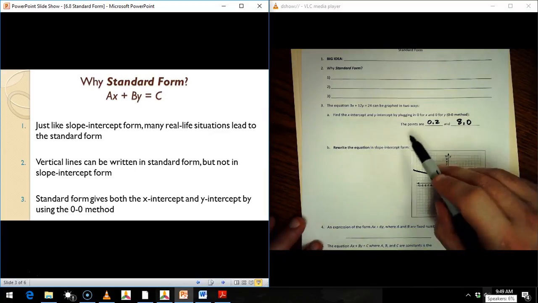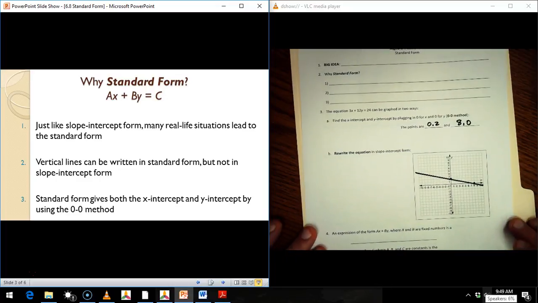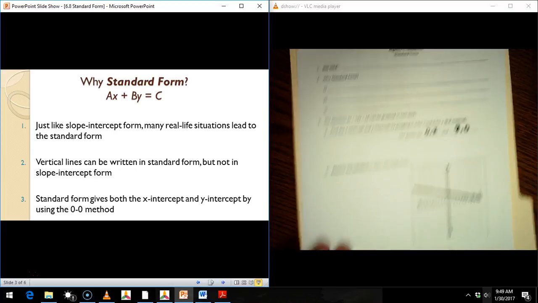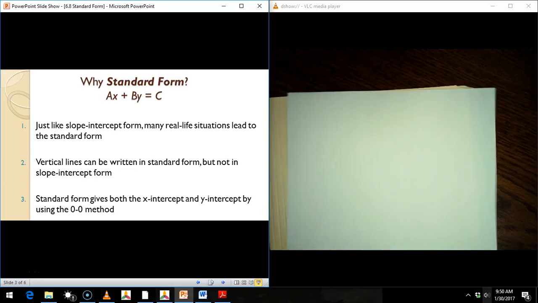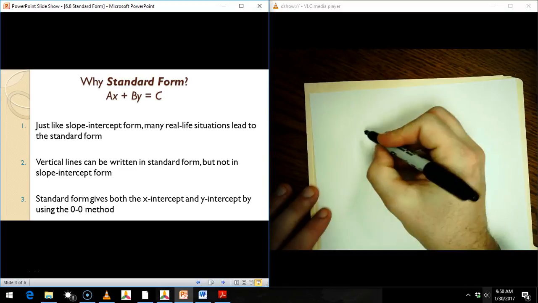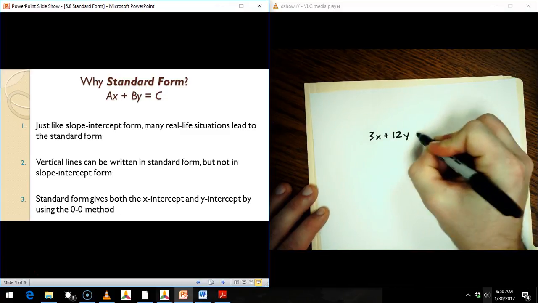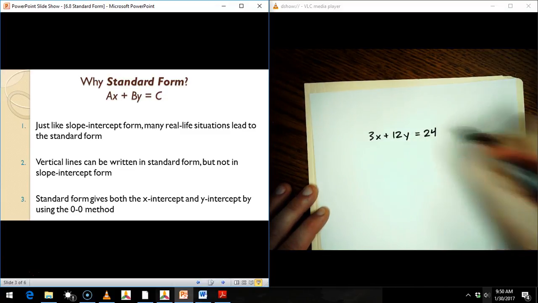We used the 0, 0 method, found those 2 points. Now the other thing you could do is you could rewrite the equation in slope-intercept form, which we have done before. So you might find this easier. Start with 3x plus 12y equals 24.